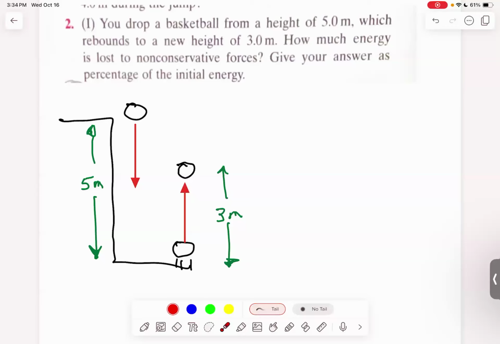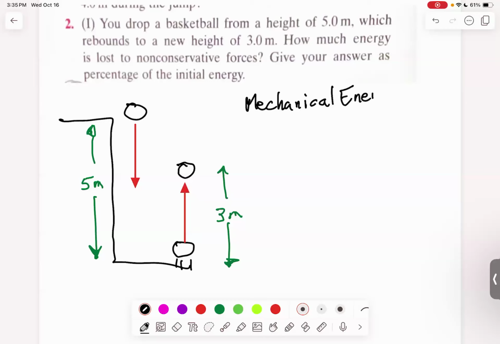We've talked about the two types of energy, but when we combine those energies in our system, it's called mechanical energy. All mechanical energy is, and we'll typically call it E, is the sum of kinetic plus potential energy.